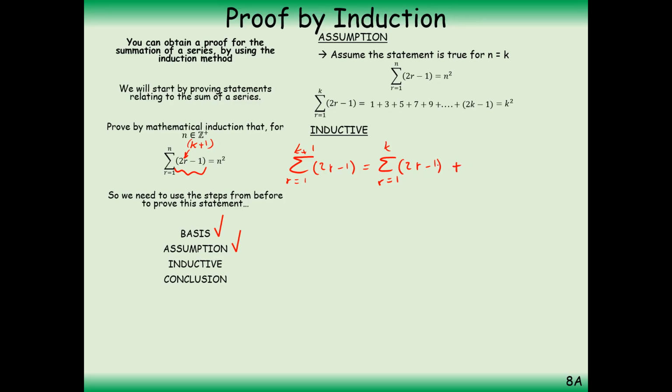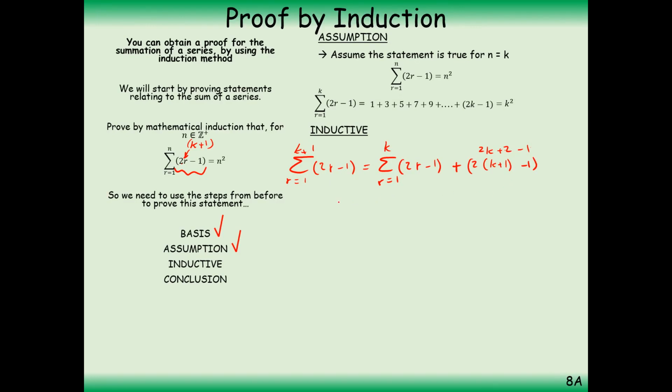The last term in this formula will be 2 multiplied by k plus 1, and taking away 1. If I expand that bracket, 2k plus 2 minus 1, that 2 and a minus 1 will give us a plus 1.